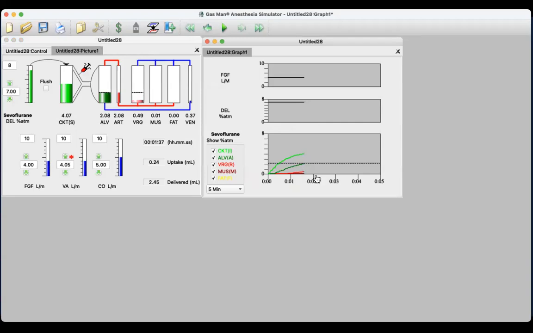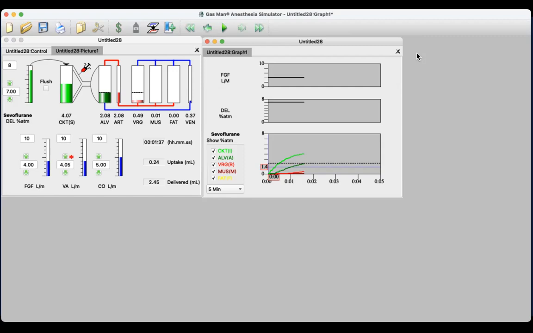So if we then say, I think the patient's asleep, the end tidal value is 1 MAC, the patient would say, but my brain is only at 0.4%. I'm nowhere near awake. You really want to get me up to at least 1/3 of MAC, maybe 2/3 of MAC, or maybe a full MAC before we start doing anything significant.